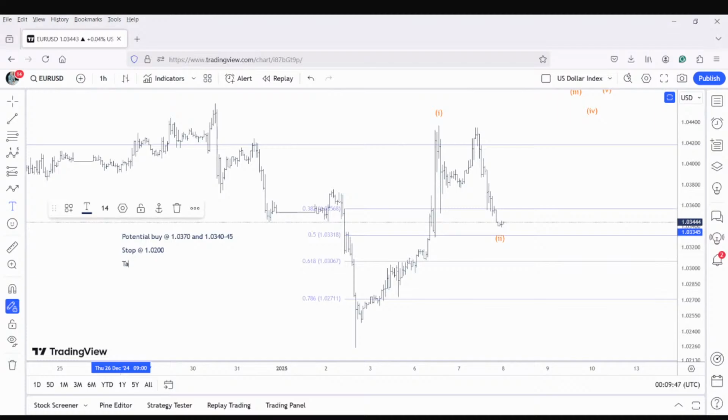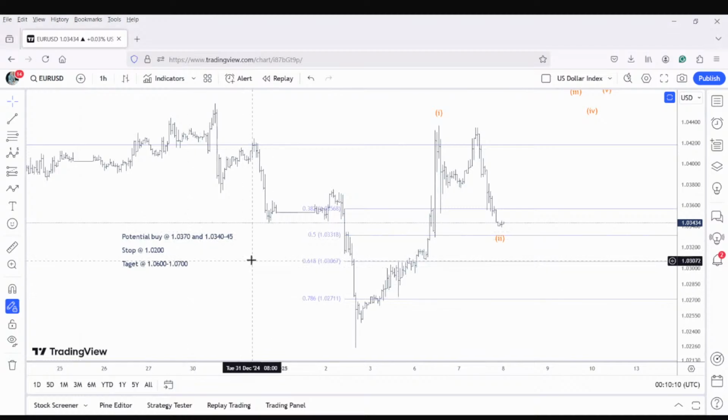And the target for short-term traders is going to be like 1.0600, 1.0700. For position traders, please continue holding on the long side. It's going to be a minor degree trend reversal, so it's going to go long.